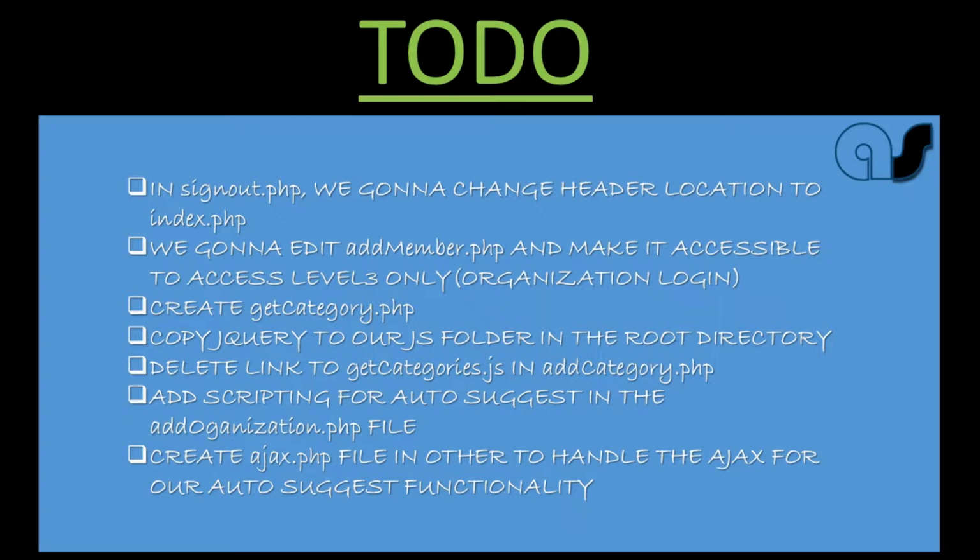So that being said, the next point is that we are going to edit our addMember.php file and make it accessible to access level 3 only. In order to create a new staff member, an organization has to be logged in, since it's an organization that adds members to itself.